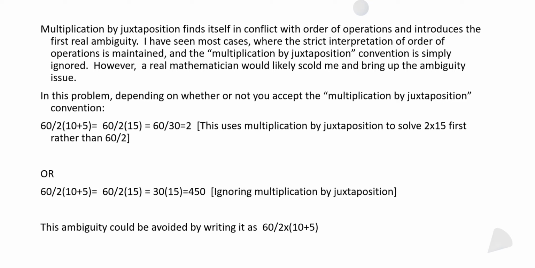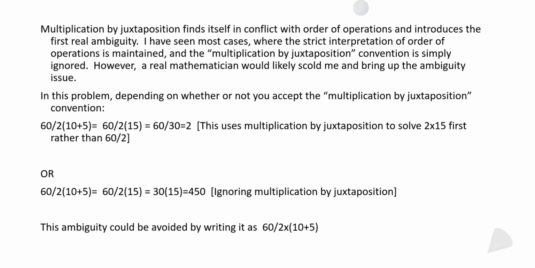In the problem, depending on whether or not you accept the multiplication by juxtaposition convention, we're going to do it here using multiplication by juxtaposition. You first look at the problem and you realize, okay, I've got to do everything in parentheses first. So I'm going to get my 15. 60 divided by 2 times 15.